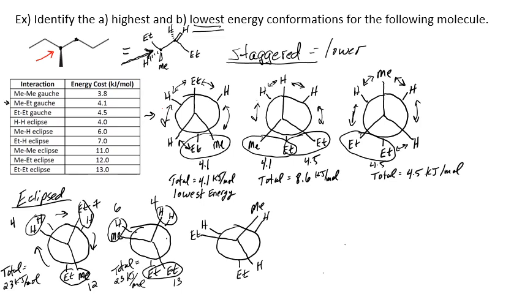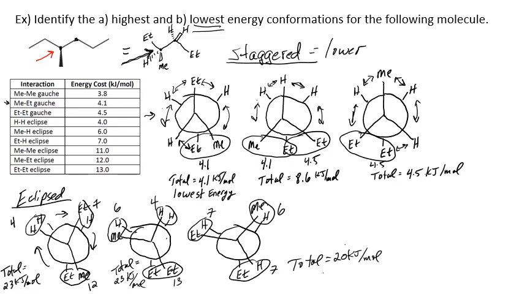And for my final eclipsed conformation, the ethyl hydrogen is worth 7. The methyl hydrogen is 6. Ethyl hydrogen 7, which gives me a total energy cost of 20 kilojoules per mole.